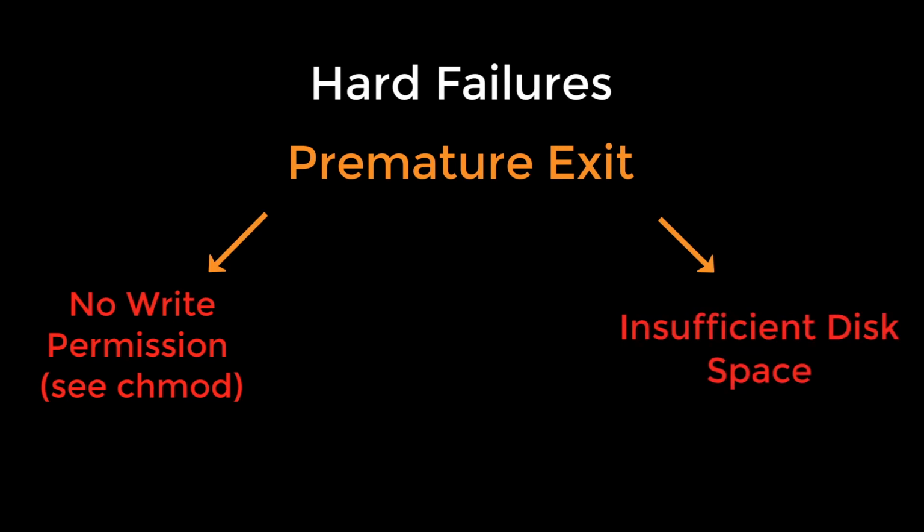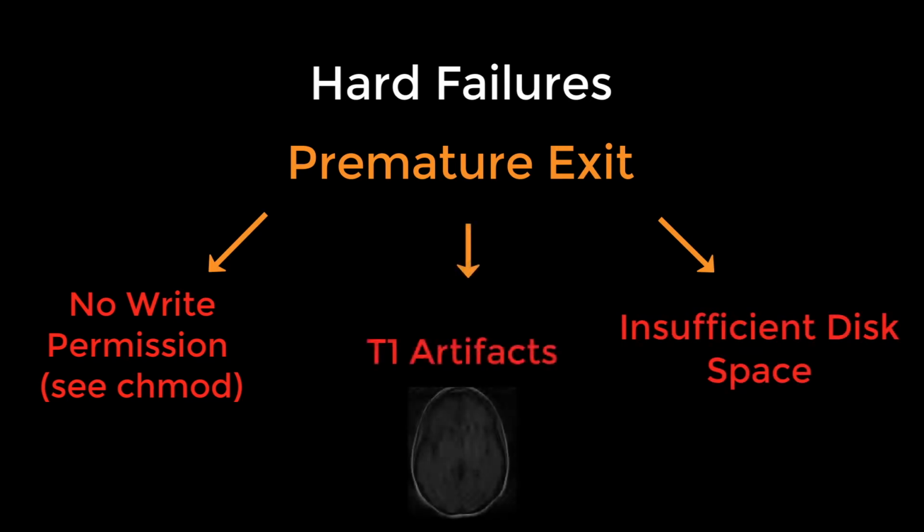A hard failure can also occur if you have excessive motion or other artifacts in your T1 image. If you check the file recon-all.log in the scripts directory, and the last line says that Recon-All exited with errors, you can assume it's due to one of these causes. Hard failures are uncommon and easy to fix.